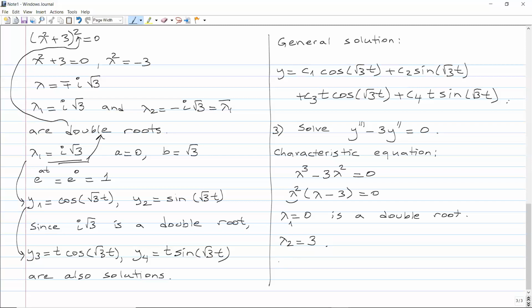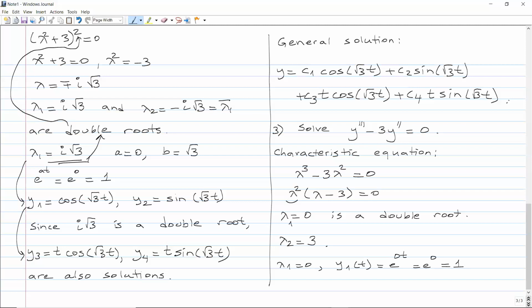All right, now from lambda 1 equals 0, we get the first solution, e to the 0 times t, which is 1. So the constant function 1 is a solution. You can easily see that any constant is a solution, because once you have a solution, any non-zero multiple of it is also a solution.